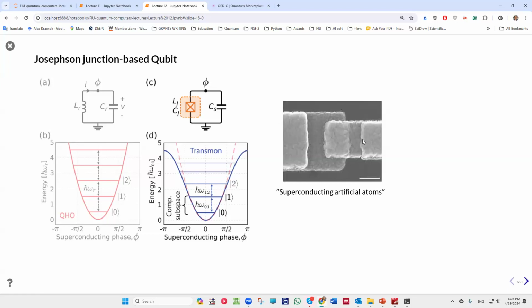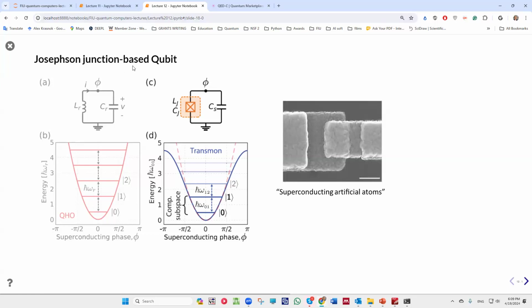Anyway, so this is the aluminum structure, and these two metallic parts are separated by a very thin layer of dielectric. In this case, it is aluminum oxide, sapphire material.